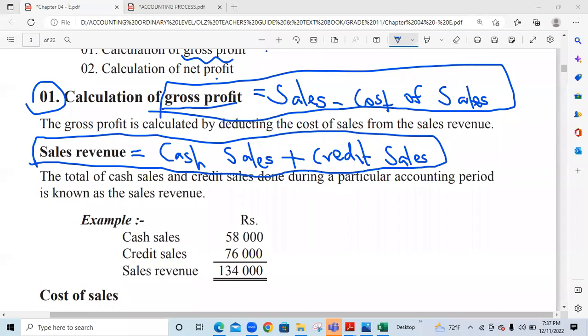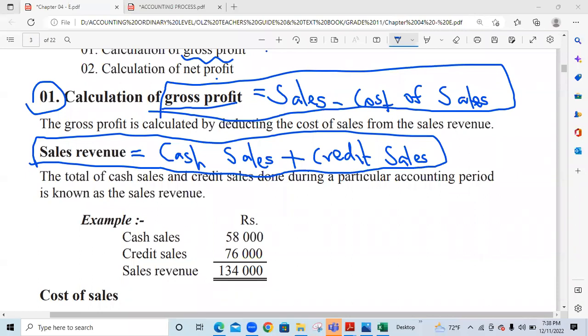But still, it's a sale. It doesn't mean only if you get the money, it's sales. That's wrong. Sales means anything you have to receive just because you sold your goods. Just because you have sold your goods, how much cash you have to receive.